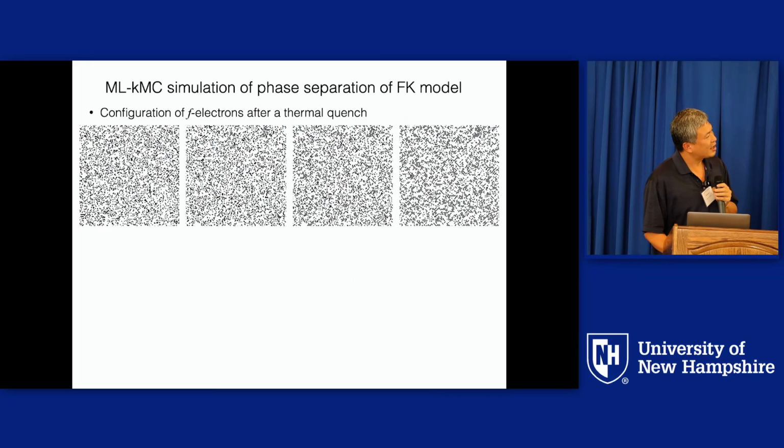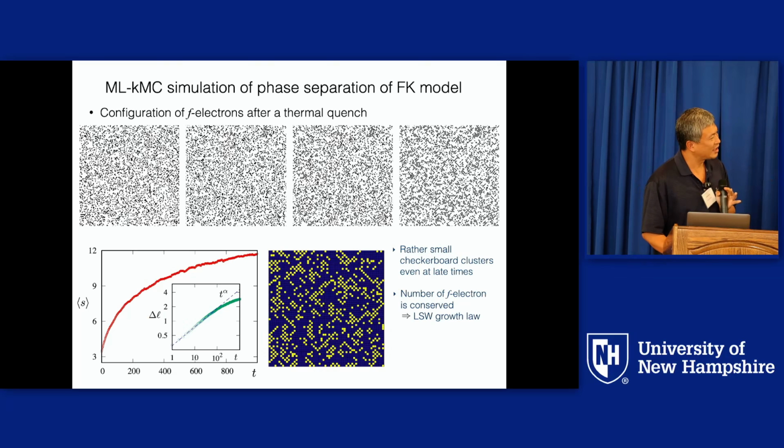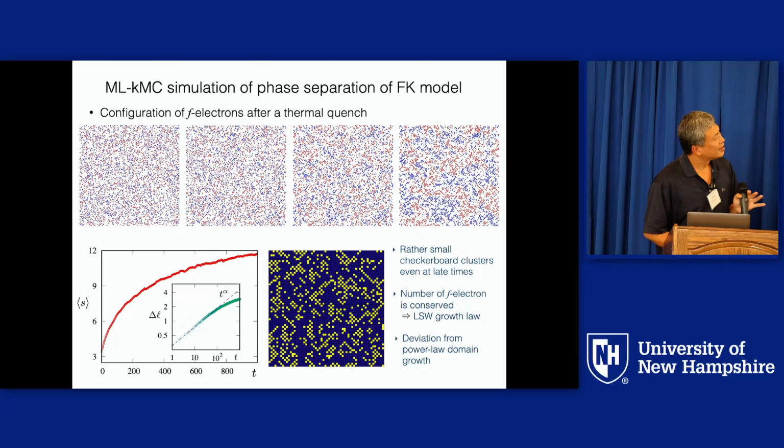So this is the benchmark, and then we apply the trained neural network to simulate a very large system. And the system is supposed to exhibit this phase separation into checkerboard states. But we find that the size of the checkerboards is very small. So some sort of freezing is happening here. But if I label the particles as green and blue, depending on whether this F electron is on the A sublattice or B sublattice, then you can see that there's some sort of coarsening going on with the sublattices.